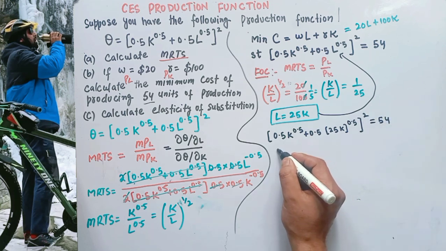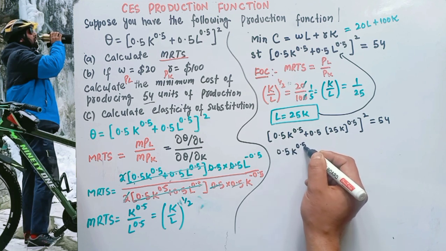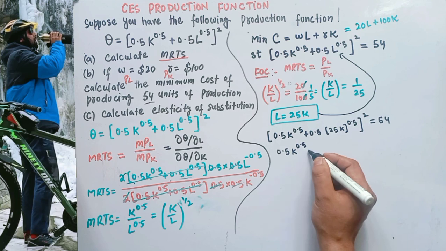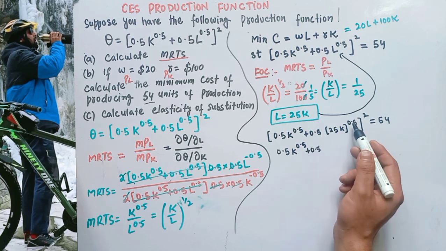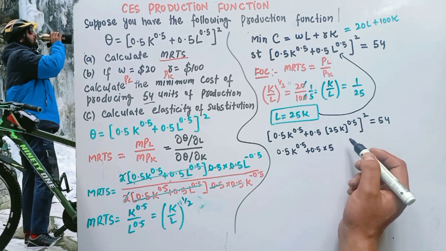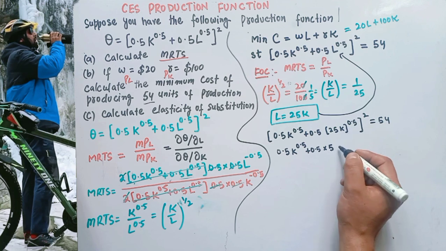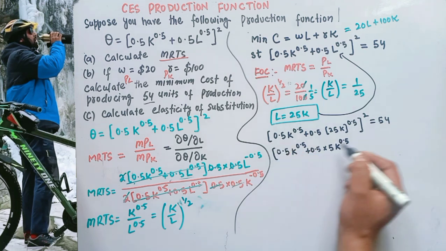So we have 0.5 K^0.5 plus 0.5 times 25 raised to the power 0.5, and the square root of 25 is 5, then we have K^0.5, whole squared.